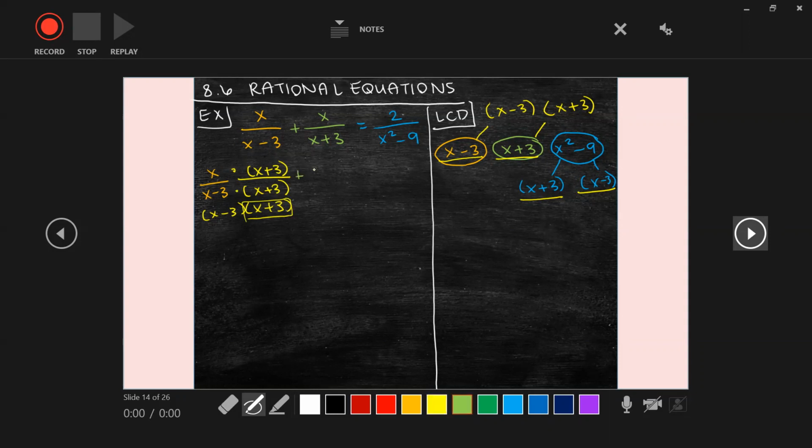And then we are adding x over x plus 3. So someone else, what do I need to multiply my numerator and my denominator by in order to get x minus 3 and x plus 3 in the denominator? X minus 3.